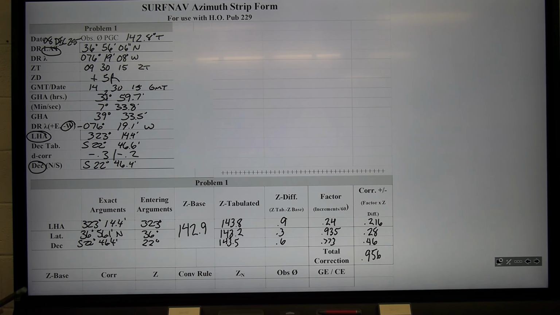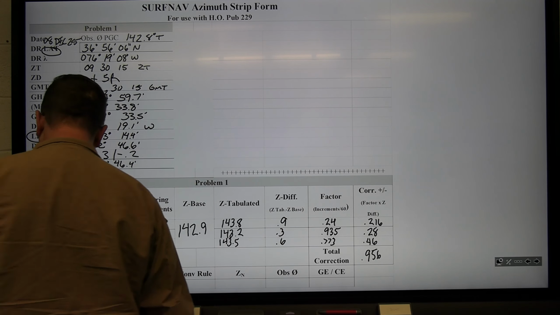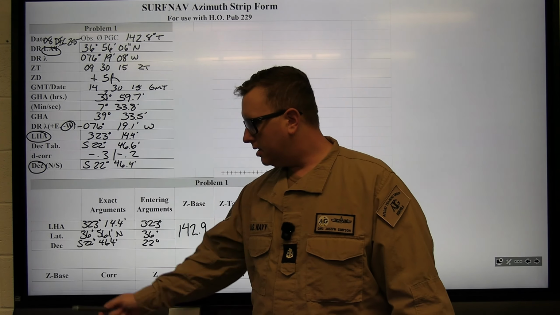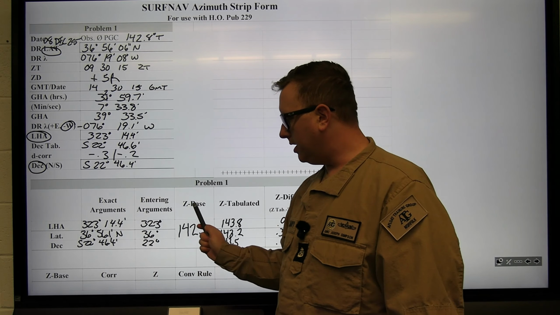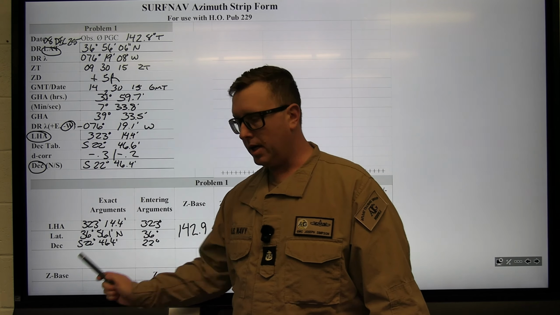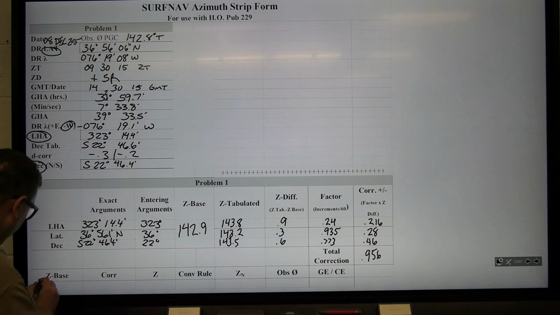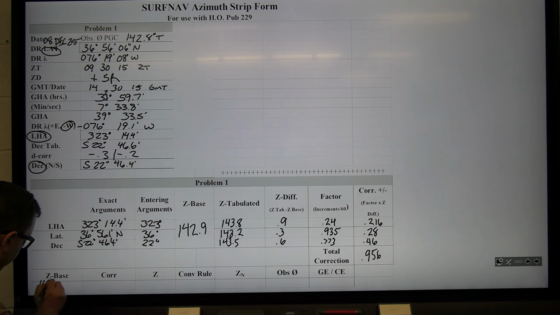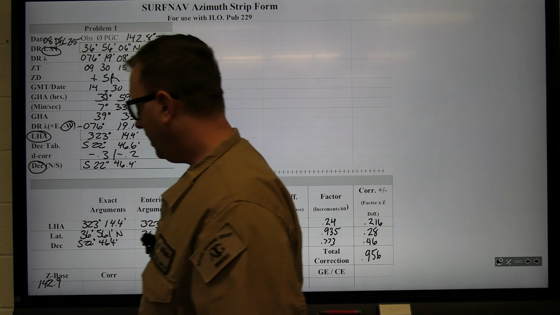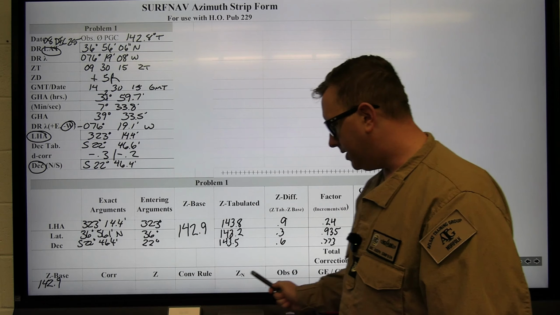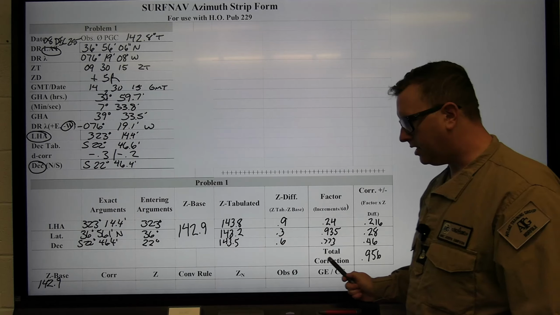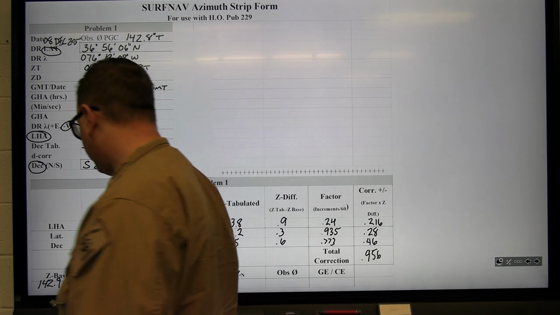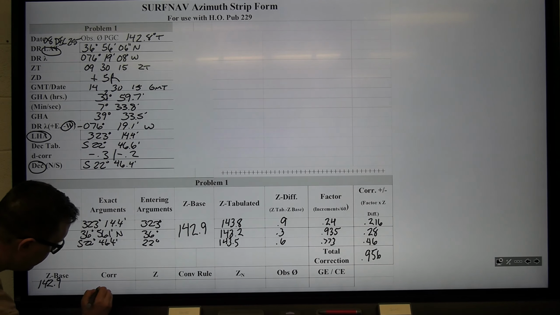The bottom part, this is the final part we're getting into. It's asking for Z base. Just taking your Z base and put it down here. Now it's asking for the correction that we got, which is just this total correction. It's a positive value, so you'll be right here, 0.9.